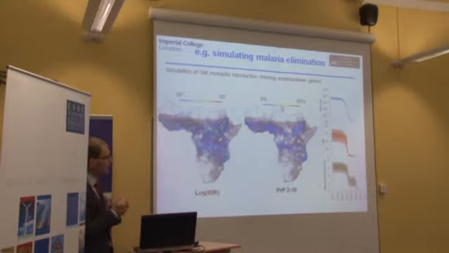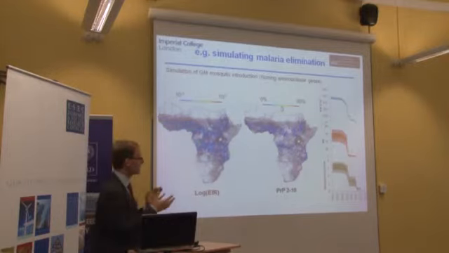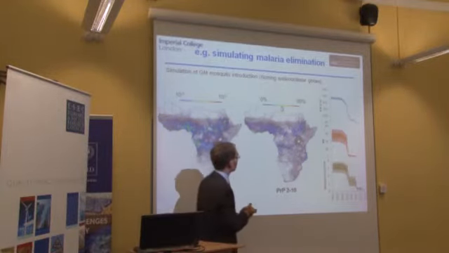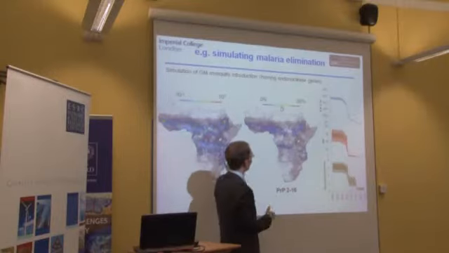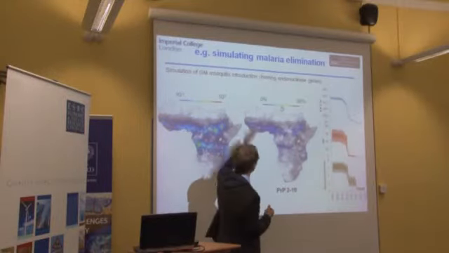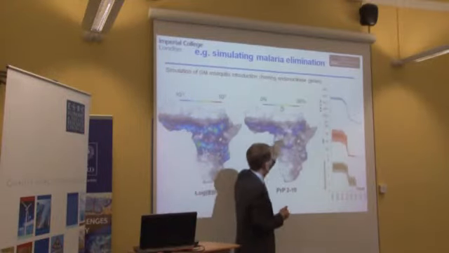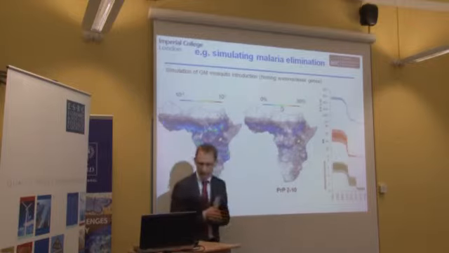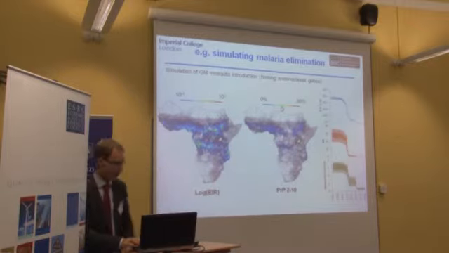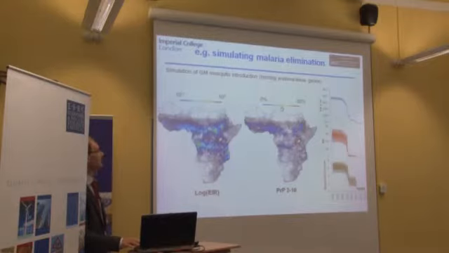And this is fairly rigorously parameterized with remote sensing data, a huge amount of disease surveillance data to go into it. Why are we doing this sort of thing? Well, we're doing this work for the Gates Foundation to ask how would different control strategies optimally eliminate or potentially eliminate malaria or control malaria transmission.